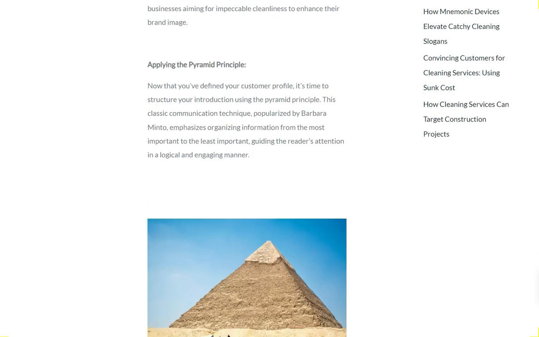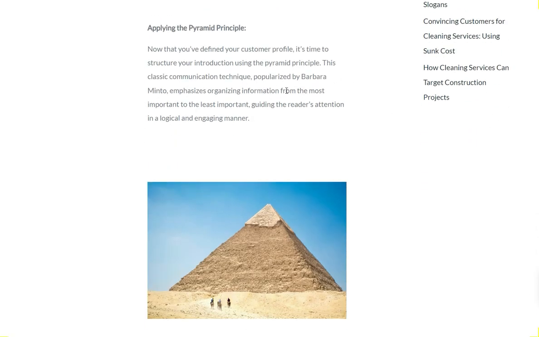So what is the pyramid principle? This is something that was popularized by Barbara Minto. You can go and look her up and her technique of the pyramid principle. It's a pretty simple concept: you're just stacking information from most important to least important.